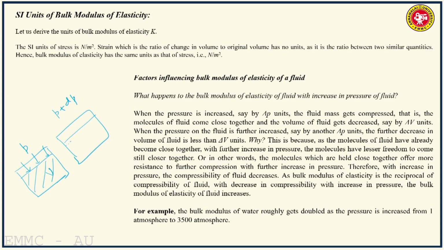Now the volume gets reduced. Say this is the reduction in volume, dV. Now the new volume is V1. So V1 is less than V, or V1 is equal to V minus dV.